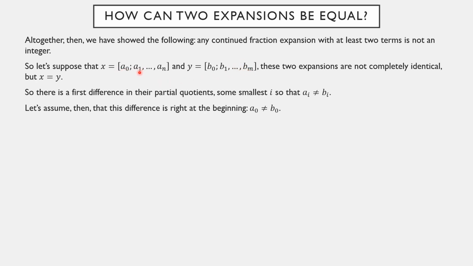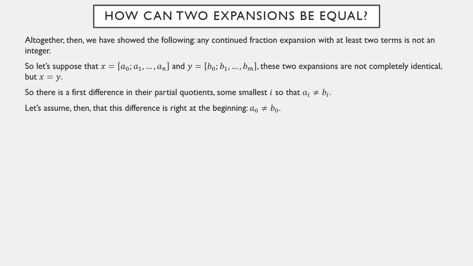Well, since the first few partial quotients were the same, what remains by computing just the tail end starting at the first difference must produce different numbers. Otherwise, we would have exactly the same continued fraction expansion, and if they produced different numbers, we'd have x not equal to y. So because x does equal y, we may as well ignore the first several terms that happen to be identical and focus just on starting the continued fraction expansion at that first term where there is a difference.